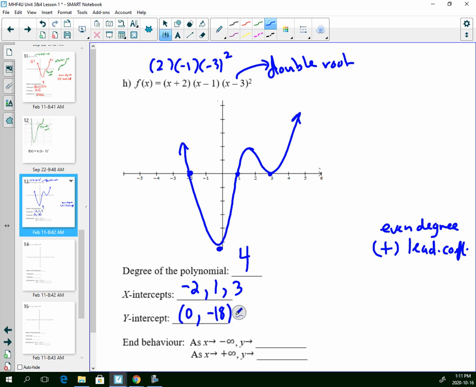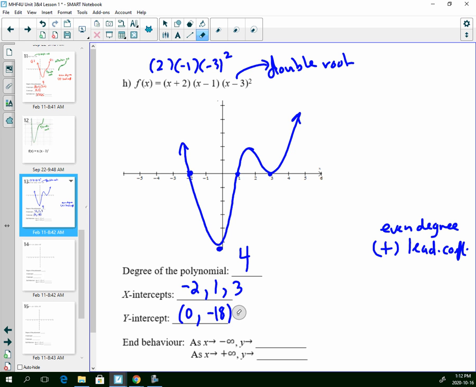Okay, so my ends are both going up. It passes through -2 and 1, but turns at 3 because it's a double root. Okay, so by the end of this unit, you should be able to sketch graphs based on their equation in factored form. Right now we're going to learn how to factor them.